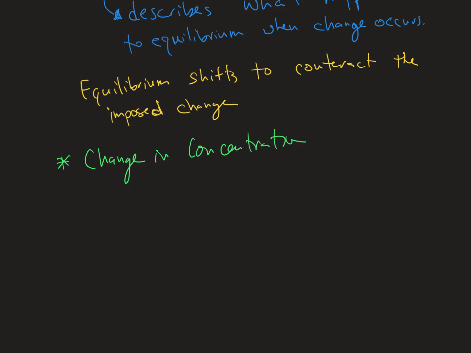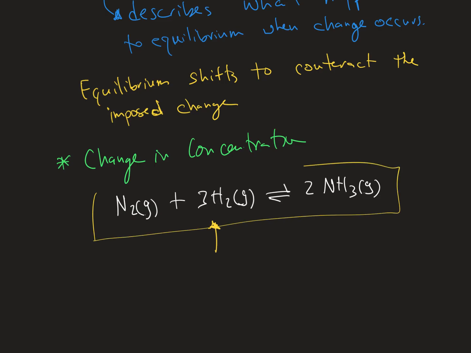So in our example, we have N2 as a gas plus 3H2 also as a gas in equilibrium forms 2NH3 also as a gas. So if we dump more H2 in our pot, so you guys understand that this is all one pot, right? This happens in the same location.